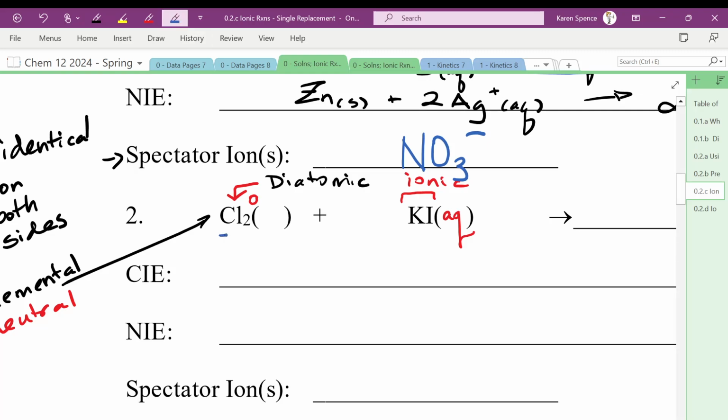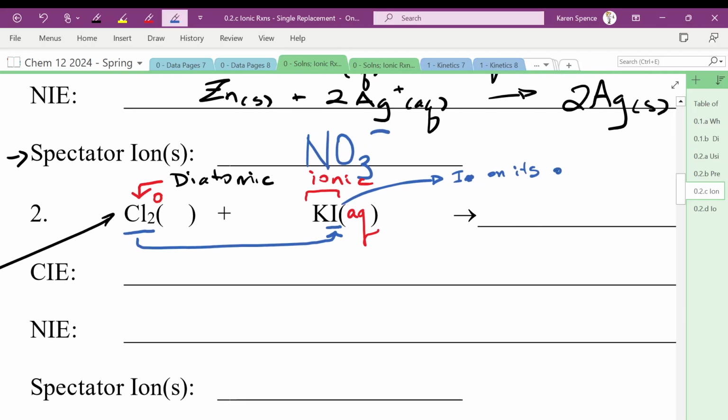Who is chlorine going to displace? Iodine, because we have a nonmetal, it's going to displace the nonmetal. So it's going to come over and kick out I, and I is going to be on its own. And when I is on its own, it is diatomic, it's elemental, yes?